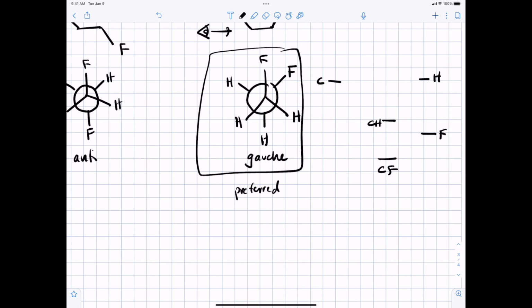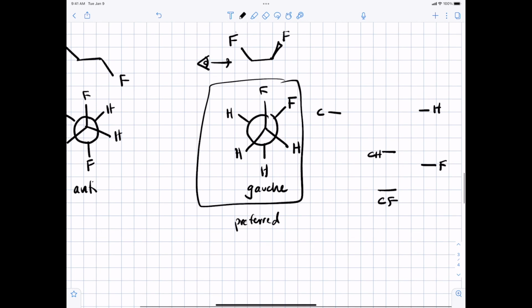All right? But this effect will also lower the free energy of the antibonding orbitals. So the carbon-hydrogen sigma star is higher in energy than the carbon-fluorine sigma star. Okay? So you've got to understand that before you can understand the gauche effect.